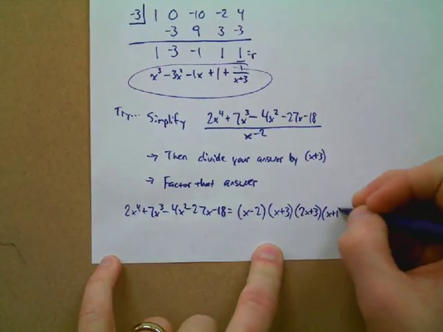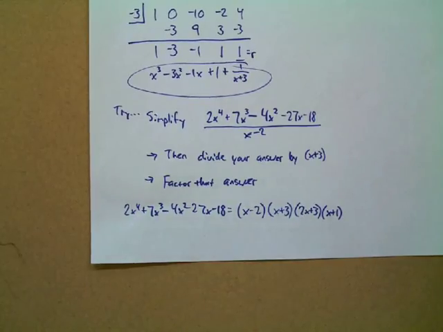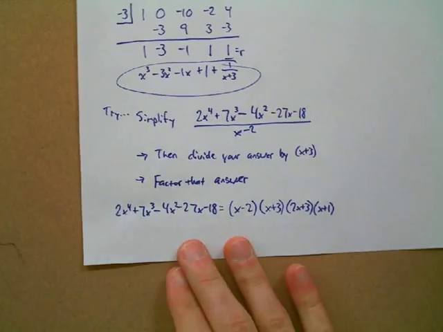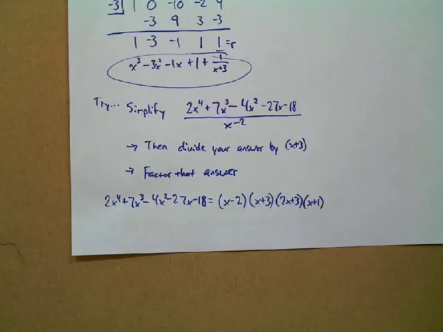When we used factoring by grouping or factoring out GCFs or factoring quadratics, we didn't know what we were going to end up with. We just knew we could use those strategies. But here, we're given stuff. We're told what the factors are. We're told to divide by x minus 2. We're told to divide by x plus 3.